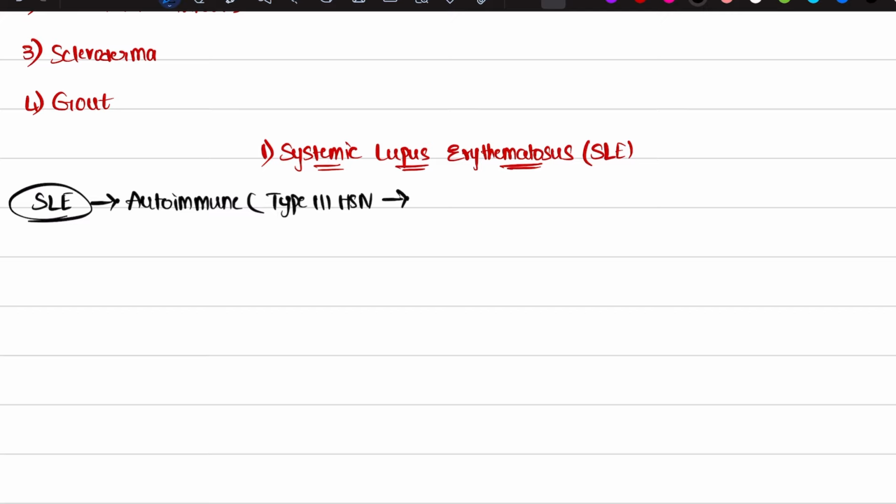Type 3 hypersensitivity is immune complex mediated. I hope you know there are four types of hypersensitivities. This belongs to the third type, which is immune complex mediated. I hope you guys are taking notes along with me.